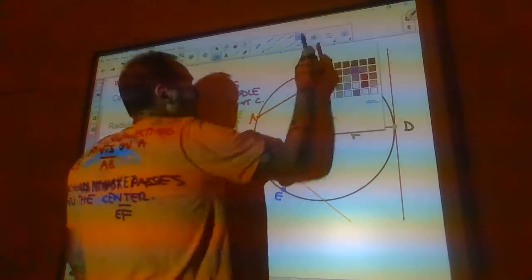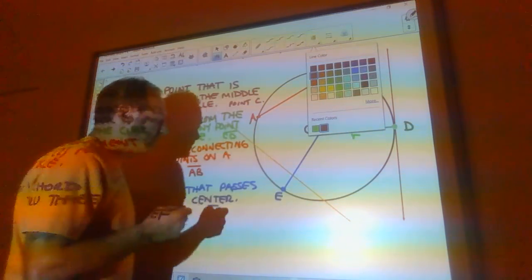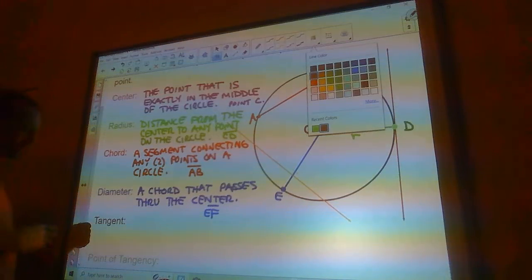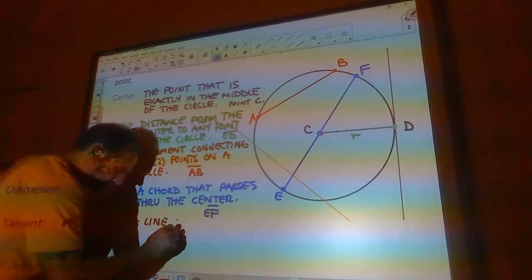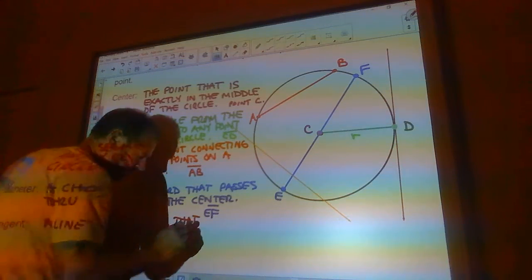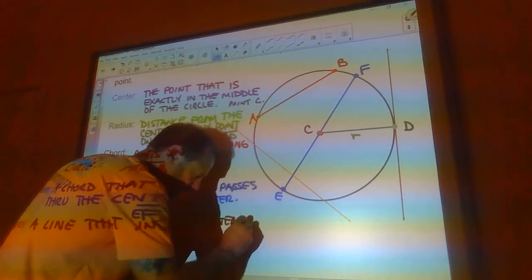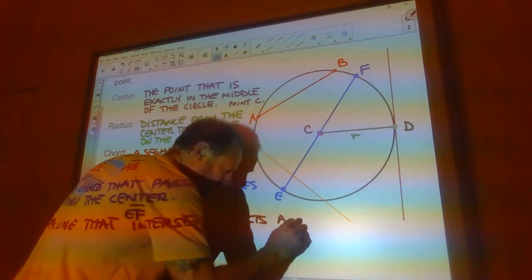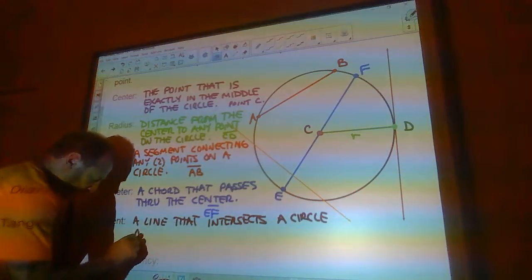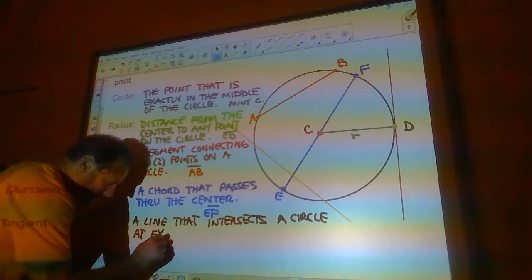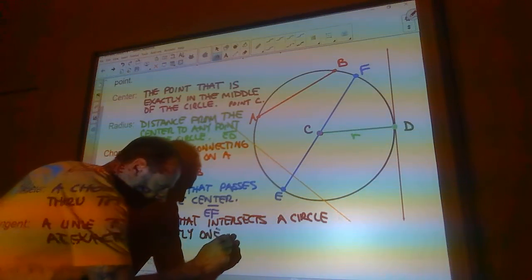Okay, a tangent. Okay, so a tangent is a line that intersects a circle at exactly 1 point.